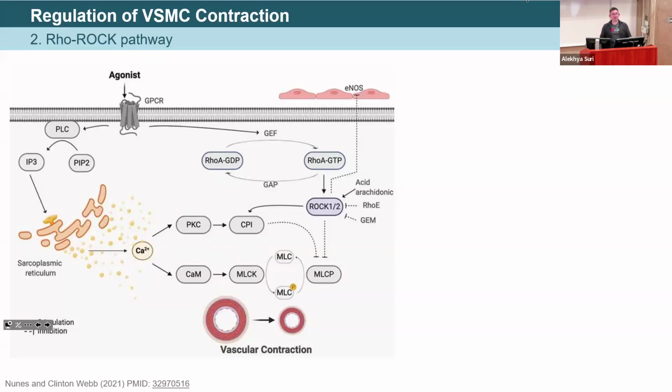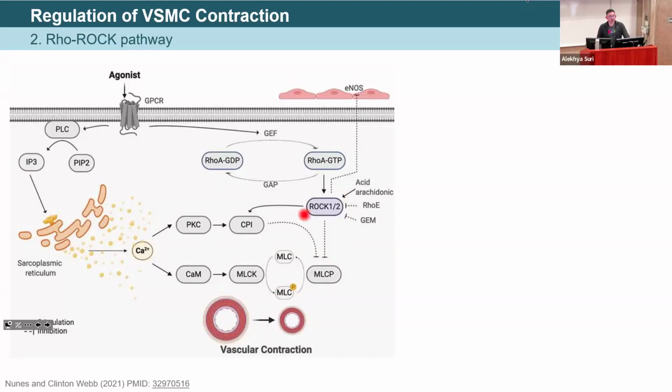Phosphorylation of myosin depends on MLCK. Dephosphorylation depends on MLCP, right? So the balance between the activity of these two is ultimately what determines the level of phosphorylation of myosin and ultimately the ability of myosin to generate the power stroke and lead to contraction.